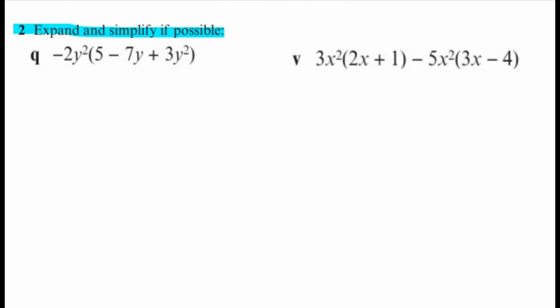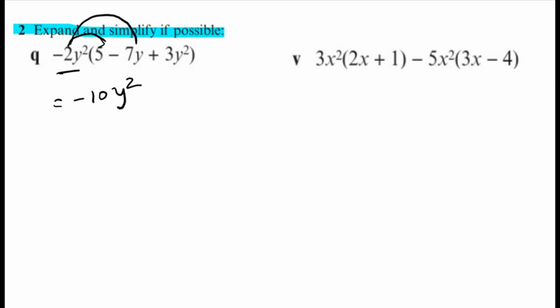Now move to the next question. Question 2. Expand and simplify if possible. Now here we can see minus 2y squared is outside the bracket. So as you know, we did in IGCSE, when we are expanding a bracket, this term is multiplied with each term inside the bracket. So first, minus 2y squared is multiplied by 5. That will give minus 10y squared.